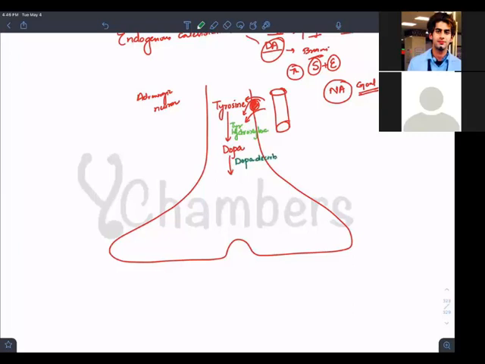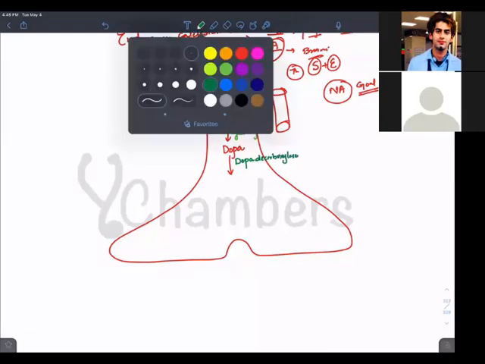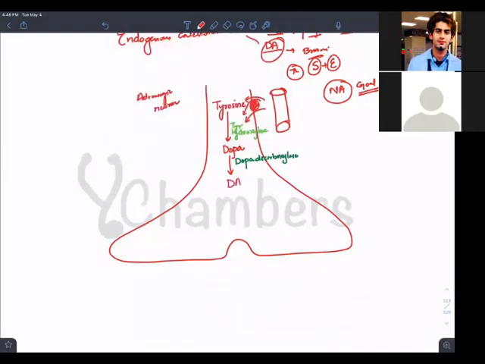This dopa decarboxylase will convert this dopa to dopamine, DA. Now I have to put it. Do we remember that in the muscarinic activity, in cholinergic neurons, we were putting the neurotransmitter acetylcholine in the vesicles?